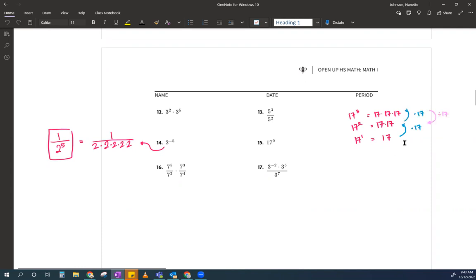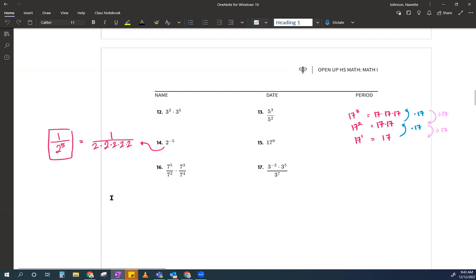If I want to travel up, I multiply by 17, but if I want to travel down to smaller exponents, I divide by factors of 17. So divide by 17 here, divide by 17 here. And that's going to help me prove what 17 to the 0 is, and even negative exponents.